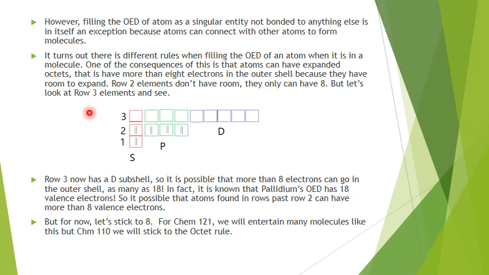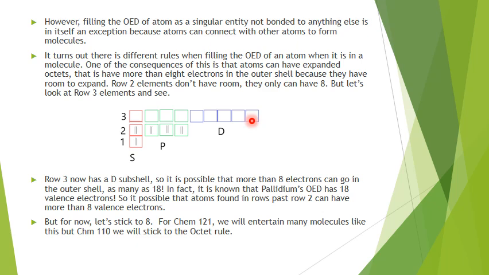So energy level 3 can have up to 18 valence electrons. You won't see that happen a lot, but it's possible. In fact, the element palladium, its OED does have 18 electrons in the outer shell, and that breaks the octet rule.